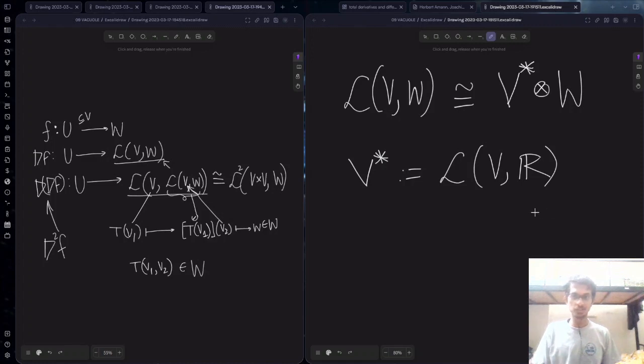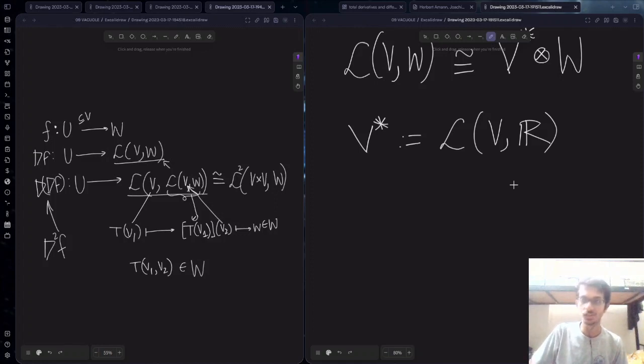So the dimension of this would be the same as the dimension of V. There would be isomorphisms between them, but they would not be canonical, so they would not be a natural transformation. Natural coming from the definitions, it would depend on the basis.